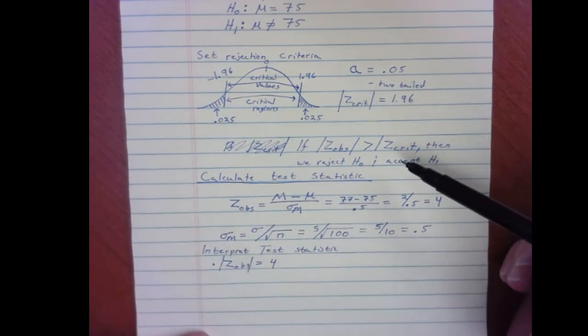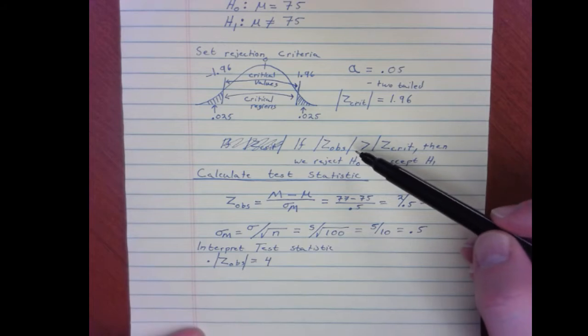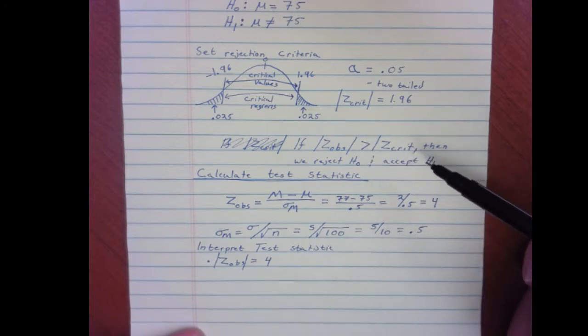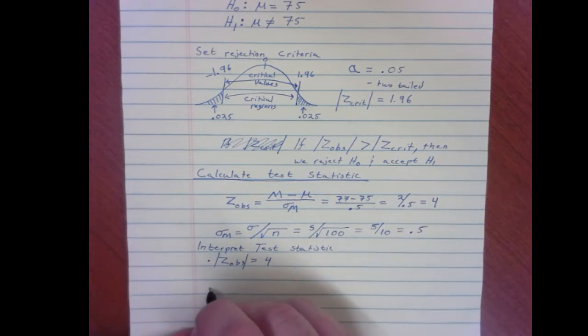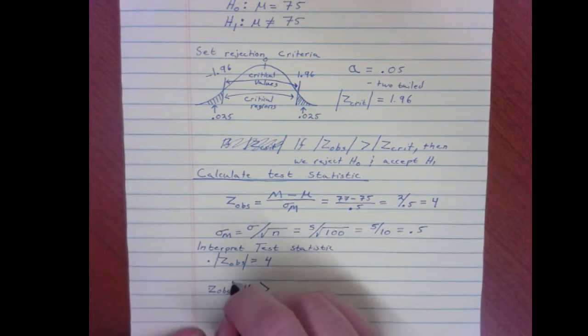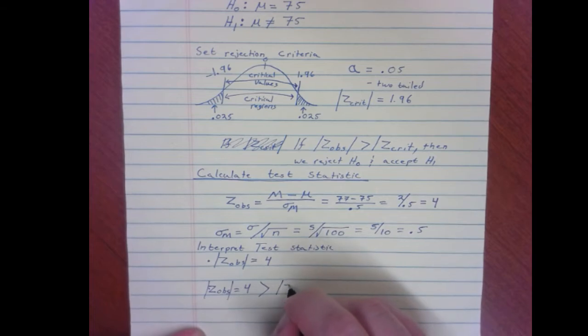We already set this criteria up early. If z observed is greater than z crit, then we reject the null hypothesis and accept the alternative. When we think about this, z observed equals 4, which is in fact greater than the absolute value of our critical value, which is 1.96.